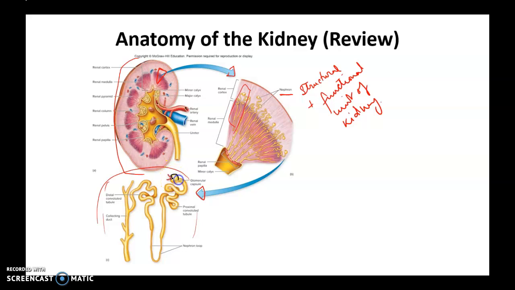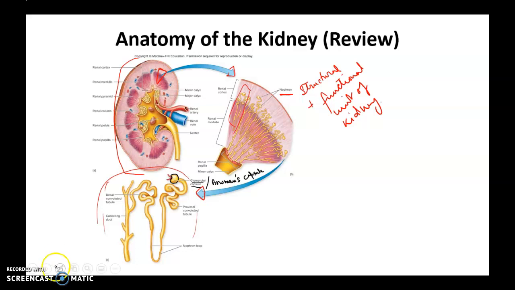This part that I'm marking in black is called the glomerular capsule, also known as Bowman's capsule. I refer to this as Bowman's capsule a lot, so I really want you to understand that the terms glomerular capsule and Bowman's capsule are interchangeable.